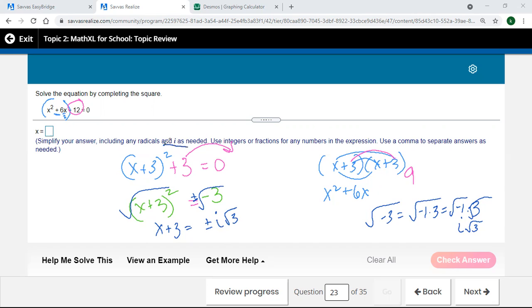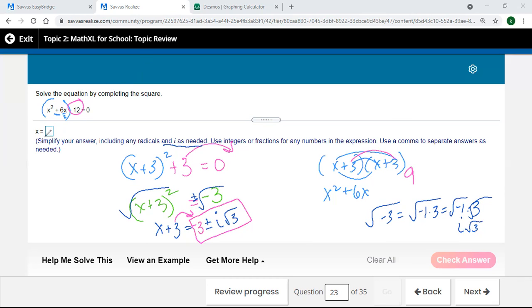Notice they wanted the i's, when I looked up there and mentioned them in the answer. And then the last thing is I need to subtract the 3 from both sides. So when I subtract this 3 on the left, it's going to cancel. And on this side, it's a -3 in front of the i and the square root of 3. And that's going to be my final answers, 2 of them.